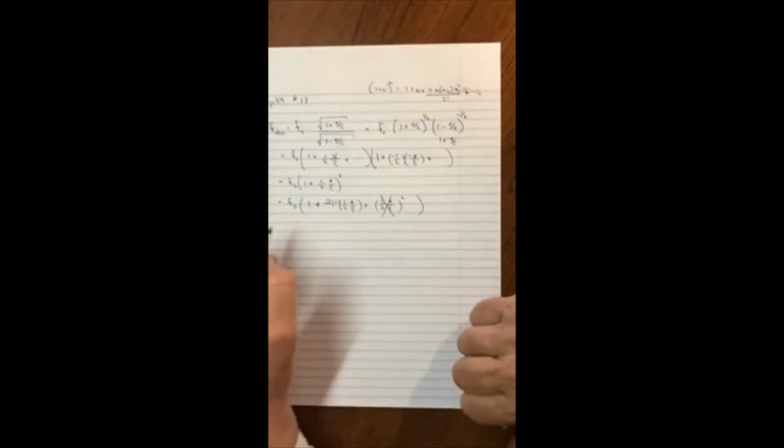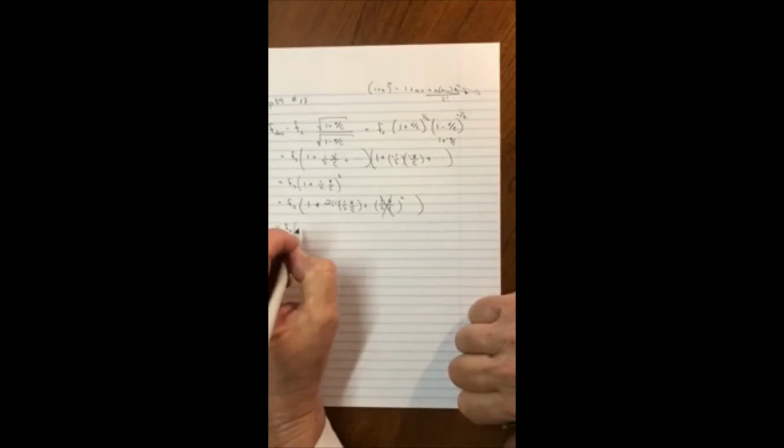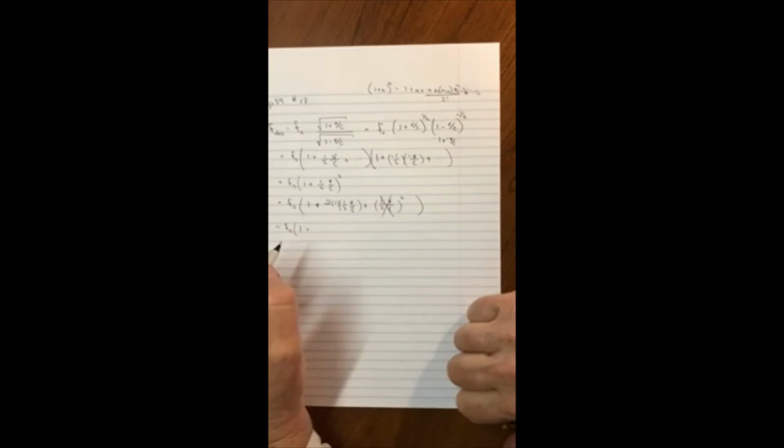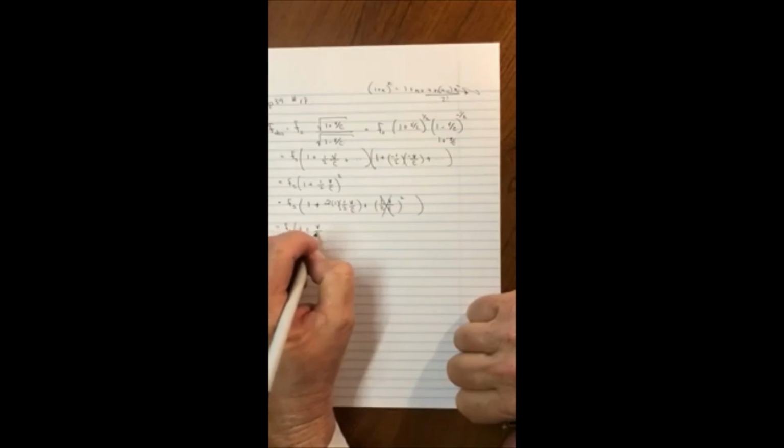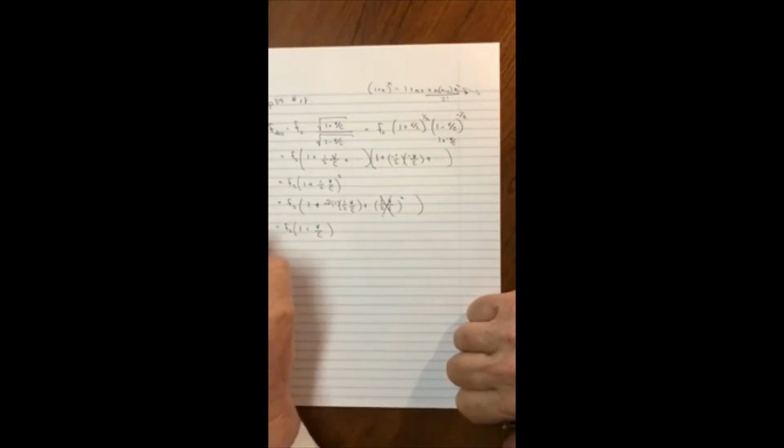So this says that it's the frequency, and then it's 1 plus this, let's see, the 2 cancels here, and I get my v over c.